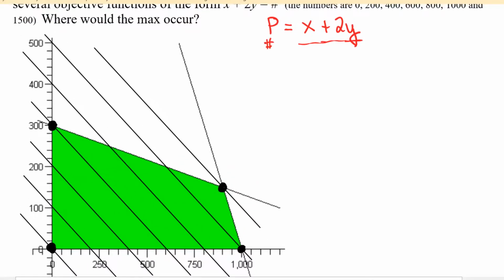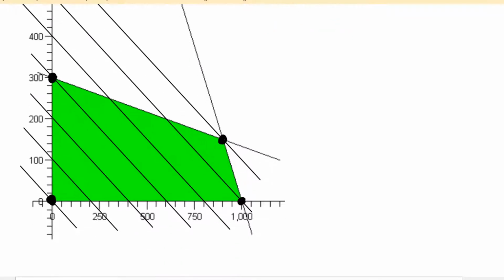And you want to see when is the last time your line hits the feasible region. So here's the first time you hit the feasible region, and then you move it up a little bit, and you hit the feasible region, you move it up a little bit more, and a little bit more. But this one is the last time you would hit the feasible region.